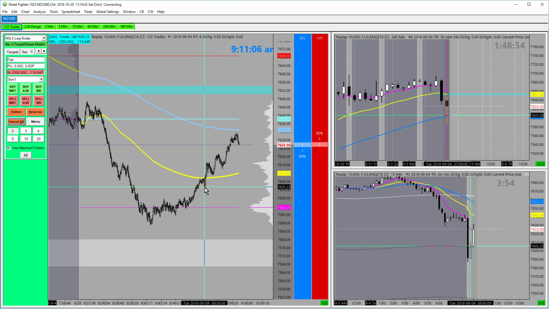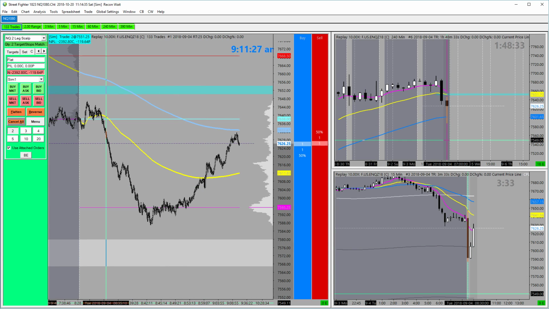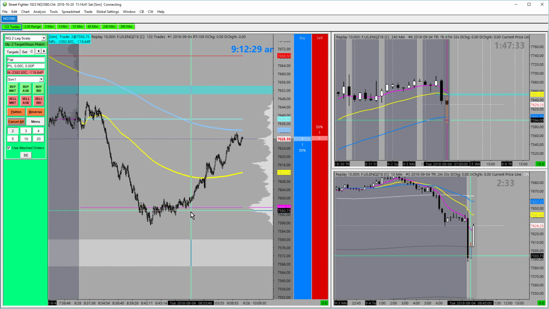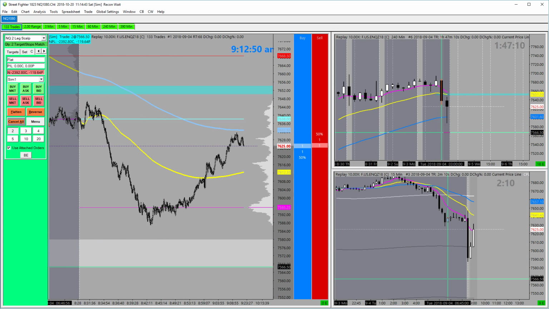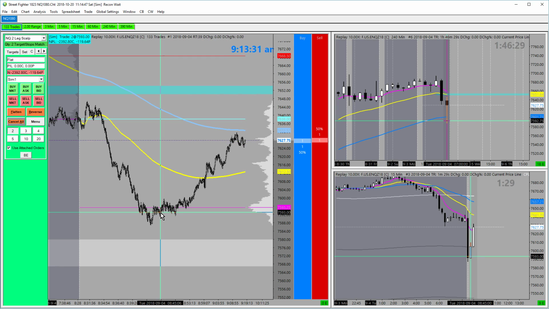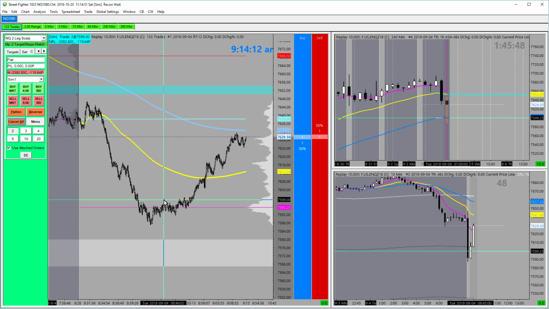Because with all this action that we've had recently, we haven't had anything really appear like this, like any kind of bottom. That's really interesting, that it held up.